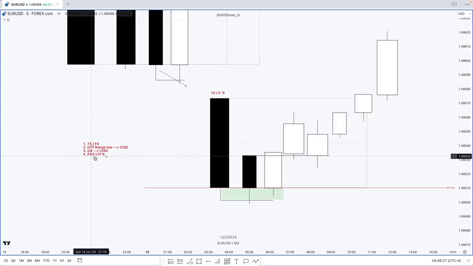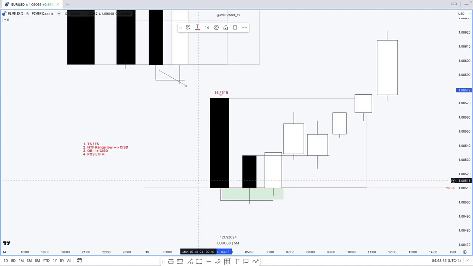Next one, power 3 low time frame, the low time frame range. When we are inside here, we can still go long. Okay, this one, it's not doing turtle soup, it's not touching the range low, it's not touching the order block, but look at this, it is inside the range.